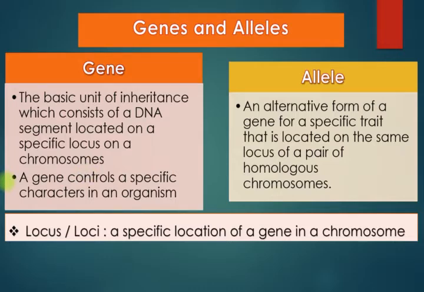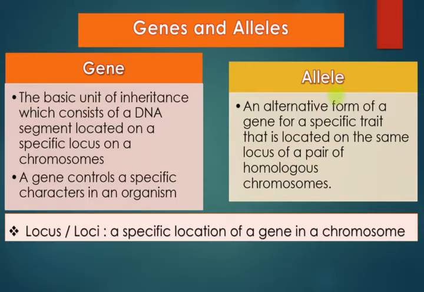Now we go to the allele. What is an allele? Allele refers to an alternative form of a gene for a specific trait that is located on the same locus of a pair of homologous chromosomes. Allele is also a gene, but it is an alternative form of a gene.